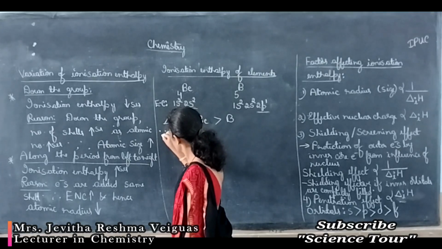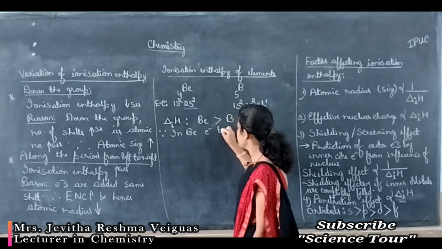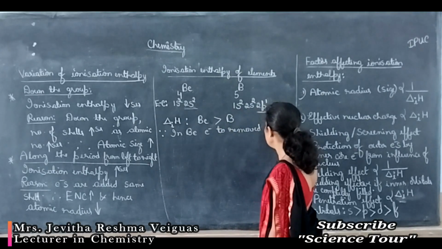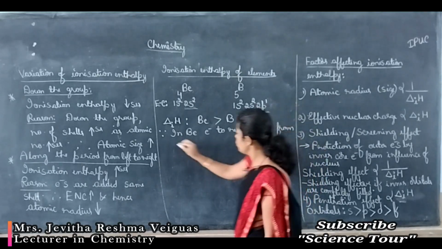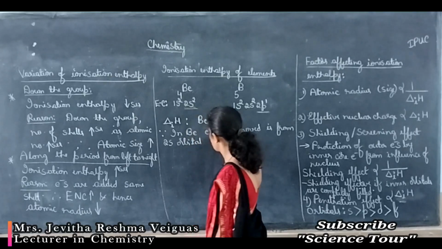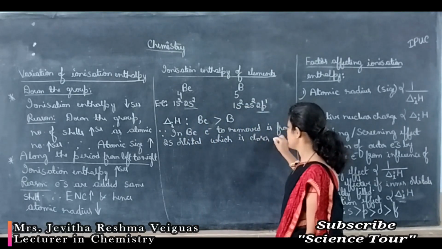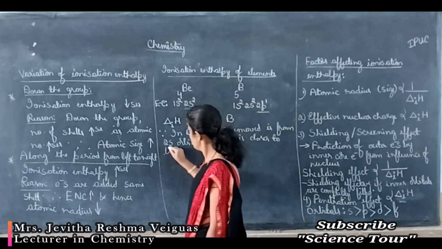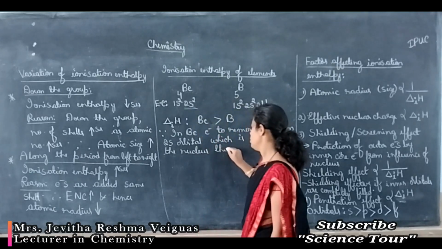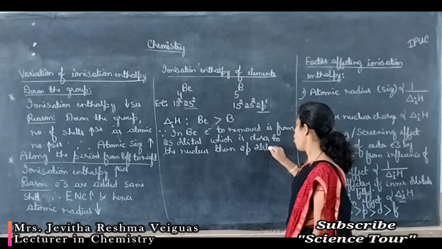This is because in beryllium, the electron to be removed is from 2s orbital, which is closer to the nucleus than 2p orbital of boron.